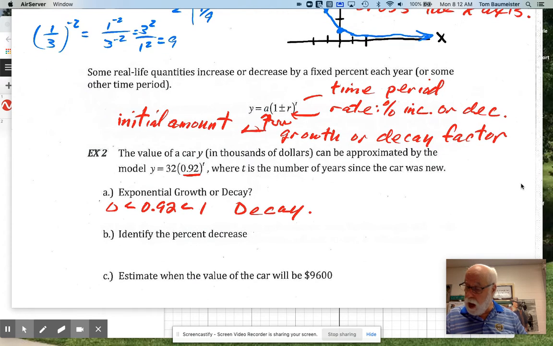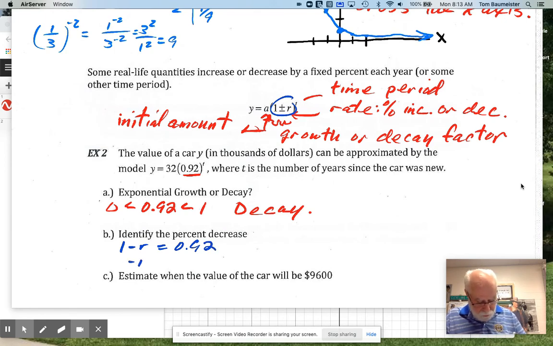Now it says to identify the percent decrease. So remember, we're going to take our 1 plus or minus r. Here's our 1 plus or minus r. In this case, it's minus r because we know it's less than 1, so 1 minus r is going to equal 0.92.